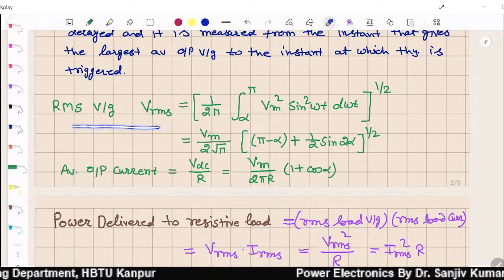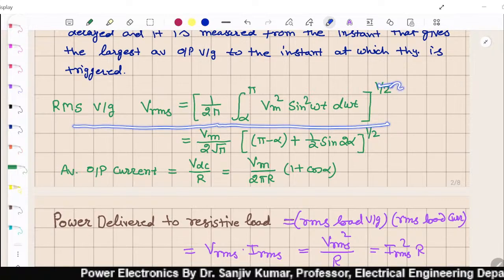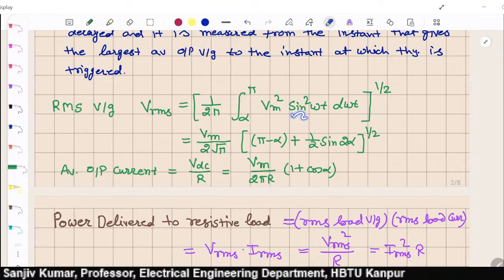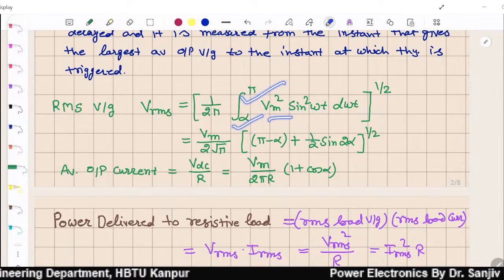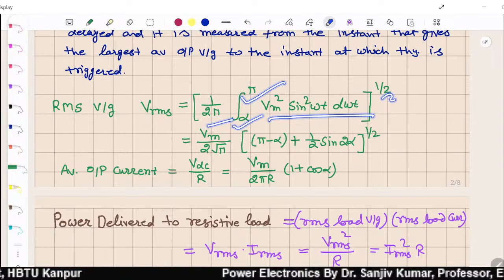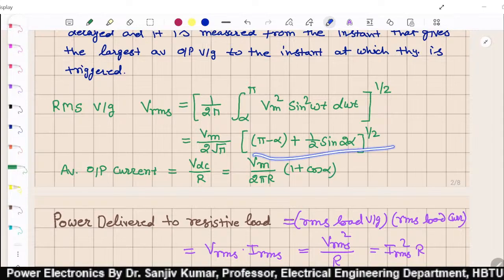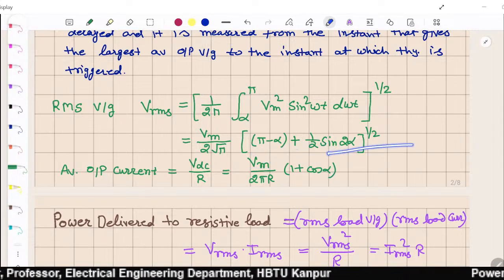Now RMS, it is the root mean square. So Vm sin ओमेगा टी इज द आउटपुट. कहां से कहां तक आ रहा है? ये अल्फा से लेके पाई तक आ रहा है. स्क्वेयर कर देना है, एवरेज कर देना है और रूट ले लेना है. It comes out to be Vm upon 2 pi, pi minus alpha plus half sin 2 alpha.